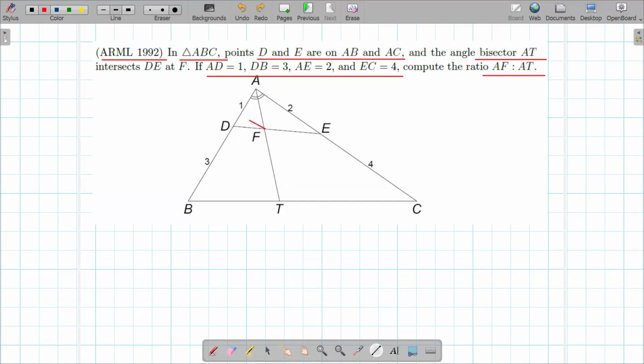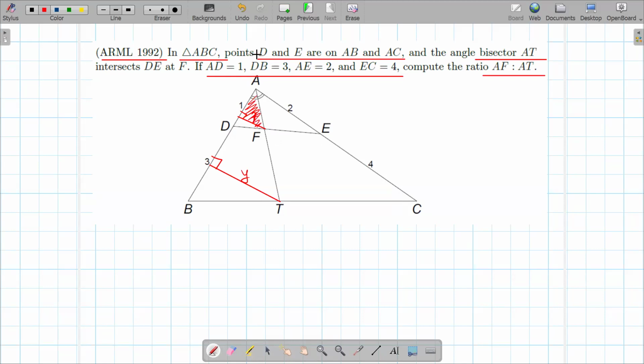How about we construct heights from F and T onto AB? So let's say these two angles are 90 degrees here. Okay, just to keep it simple, let's say this is X and this is Y. So now we actually do have similar triangles, right?